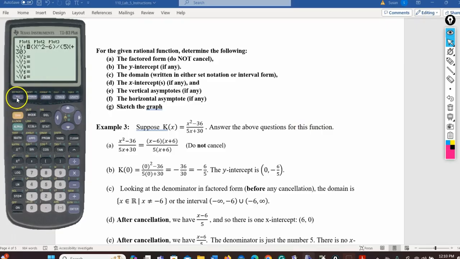So let me go back here. x squared minus 36, my bad. I'm trying to do this with a mouse, and it doesn't always respond to my clicks. 5x plus 30. Okay, let me try that again. And I'll do a zoom 6.